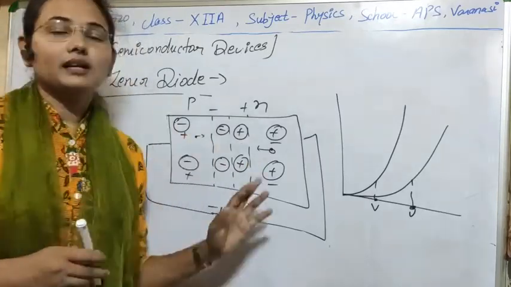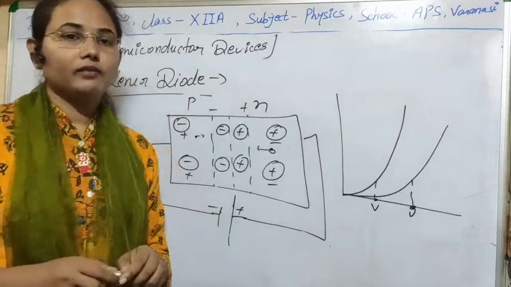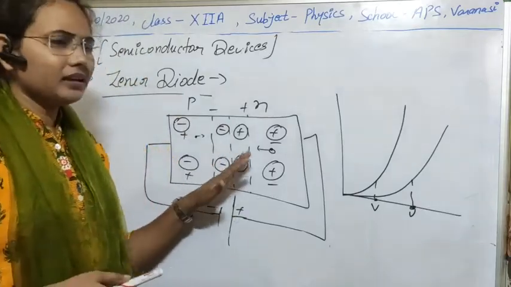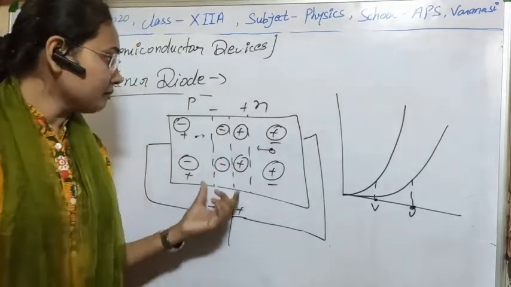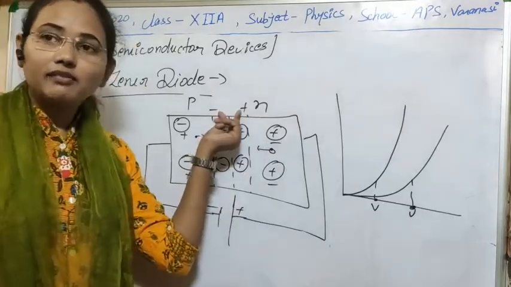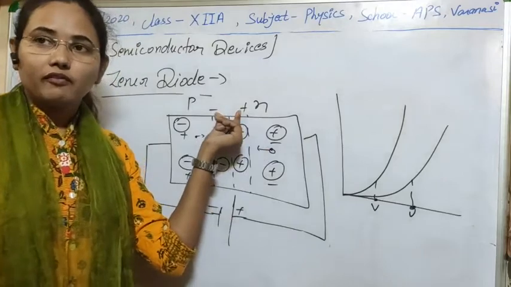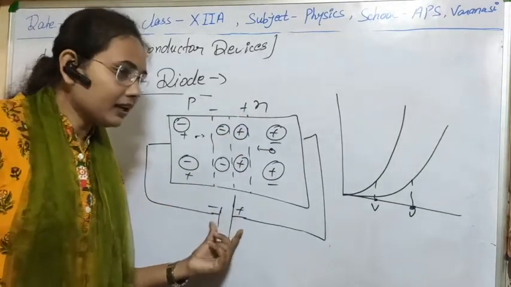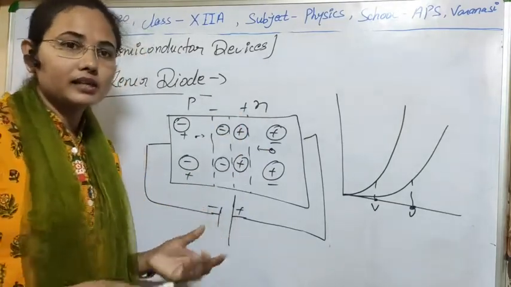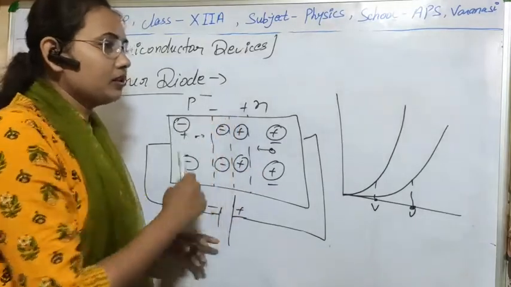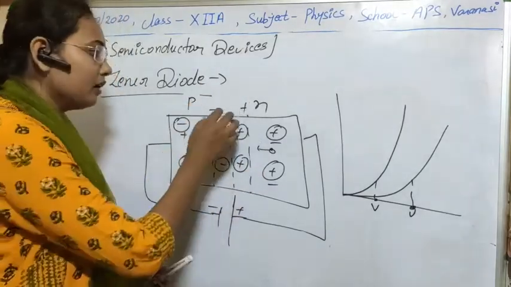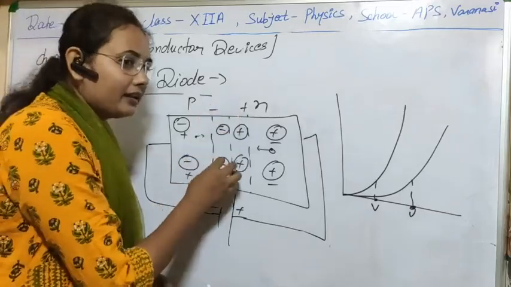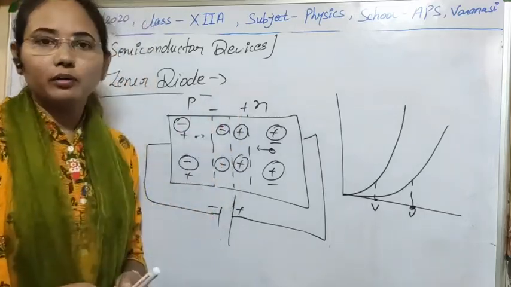But if the doping concentration is very high, we obtain only a very small current. But after some time, as the junction potential is very small in this case, if we increase the voltage sufficiently, this will support the junction potential, and due to the addition of voltage we are providing enough energy to break the covalent bond.